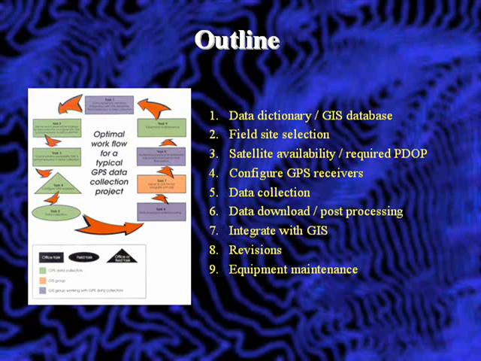This is basically an outline that you also find in your book. I'm not quite sure if you can read it here, but please refer to your book for details on the graphics. So we'll start with the data dictionary. GIS database is also an option, specifically now that we are moving away from commonly used GeoExplorer 2s or ProXRs.